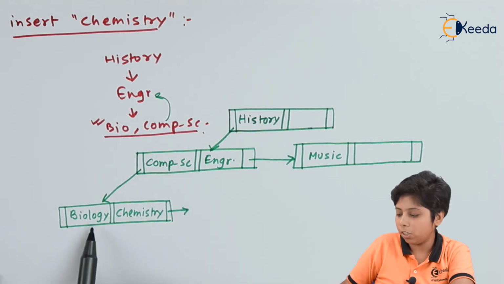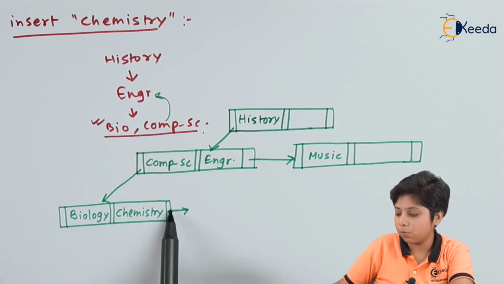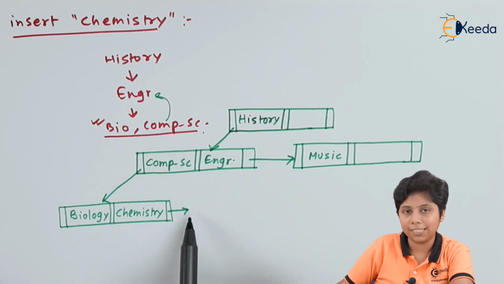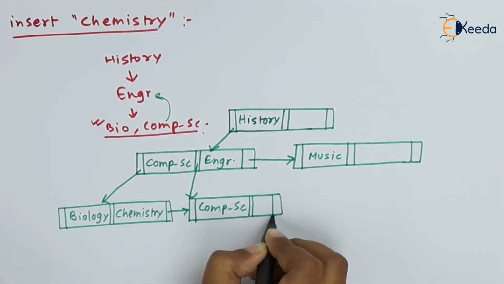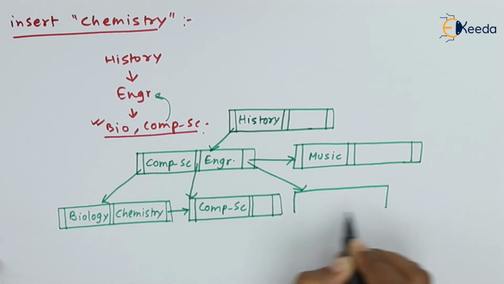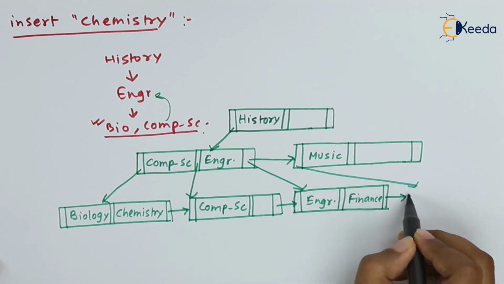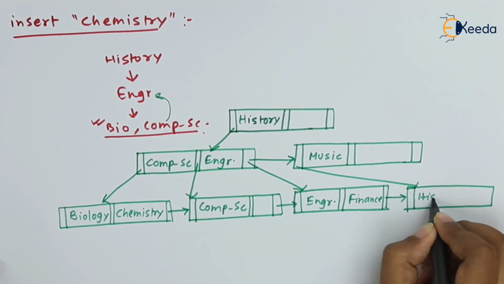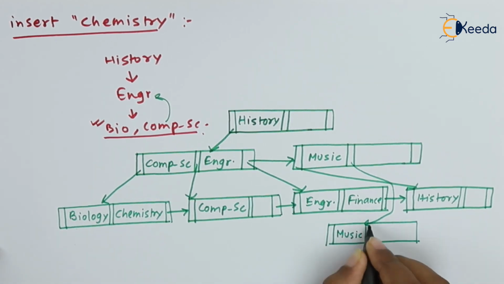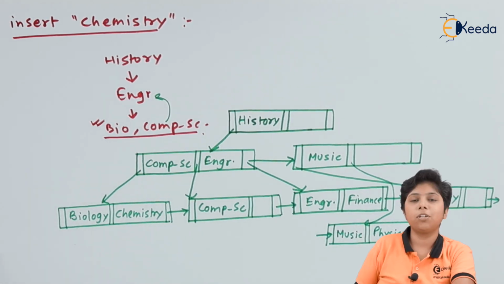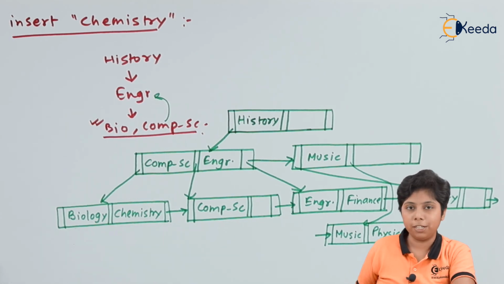As we can see, the original node biology, computer science has become biology, chemistry, and the computer science will be the right sibling of this computer science index. So now this becomes my new B plus link tree with the insertion of chemistry here.